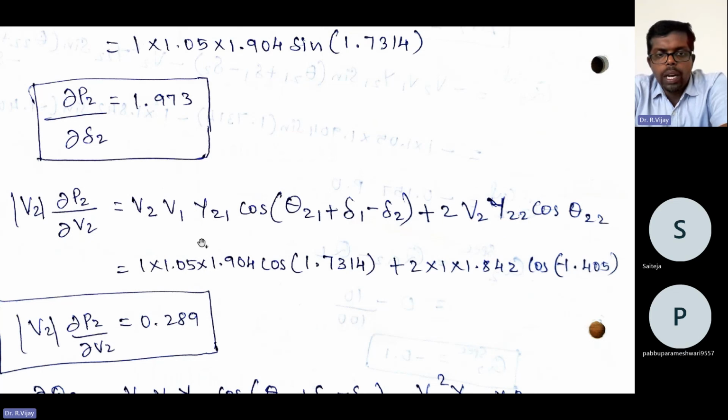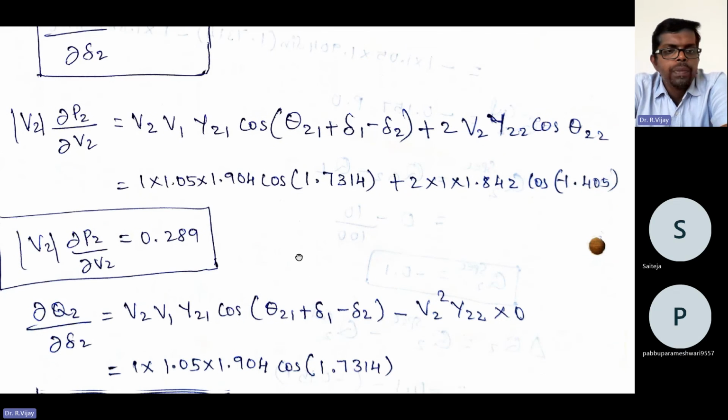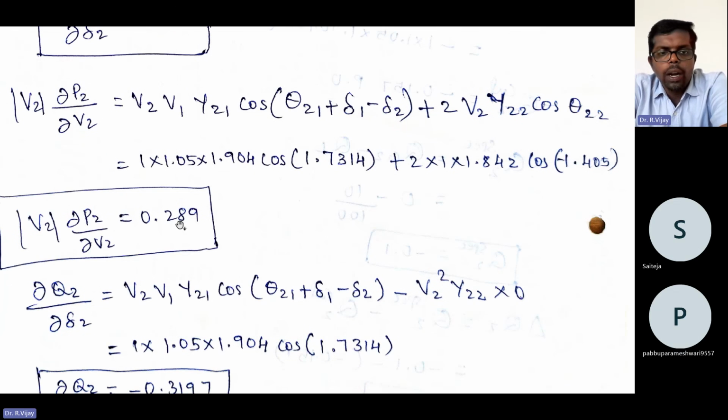Even if you mention it, V2 is 1 only, but while differentiating it will not come. So V1 into Y12, here a small mistake, it should be V1 into Y21. Substituting all these things, like V2 Y21 cos of theta 12, this becomes 0 again, cos of theta 22. Simplifying, you will get 0.289.